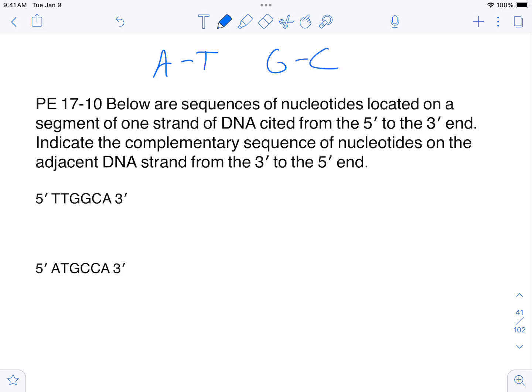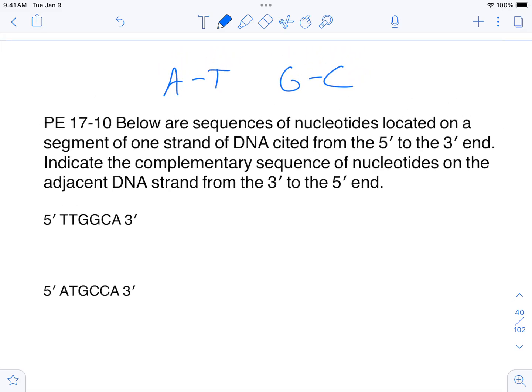So wherever you see a T for its complementary sequence, you're putting an A, and so on. So for this one down here, instead of 5', we're starting with 3' because they're anti-parallel. And I see a T, I'm putting an A. T, A. When I see a G, I'm putting a C. If I see a C, I'm putting a G. If I see an A, I'm putting a T. And then it ends at 5'. So that is your complementary sequence.